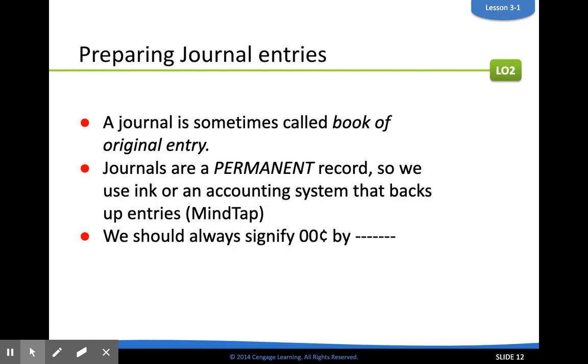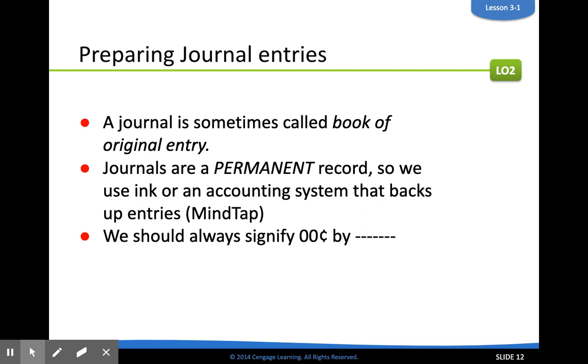So now we're going to be talking about preparing journal entries, what it actually looks like. Sometimes a journal is called a book of original entry, and that's because this is where transactions first originate. This is a permanent record. So if you were doing this using paper and pencil, you would need to use ink, so it'd be permanent, or an accounting system that backs up entries.